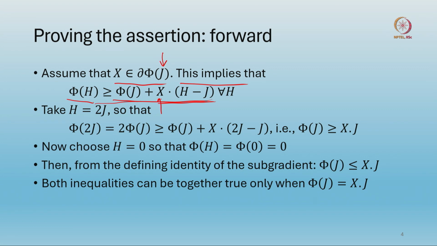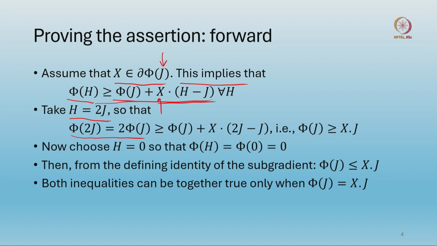Now, this is just the definition of the subdifferential, x being the subdifferential. I can take any value of h which is not equal to j, I can even take h equal to 0 or anything. So, first take h equal to 2j. Then because of the local linearity of phi, because it is degree 1 homogeneous, phi 2j must be equal to 2 times phi j, because the factor 2 comes out.